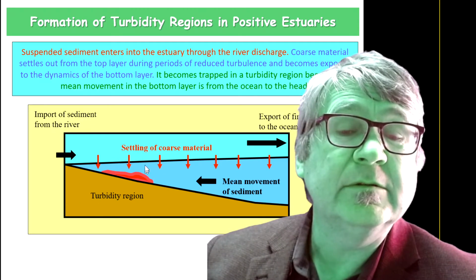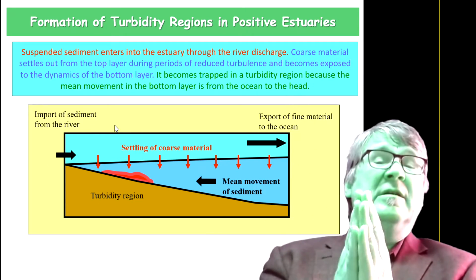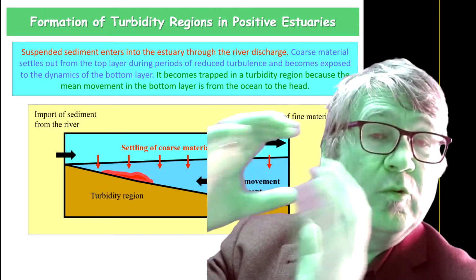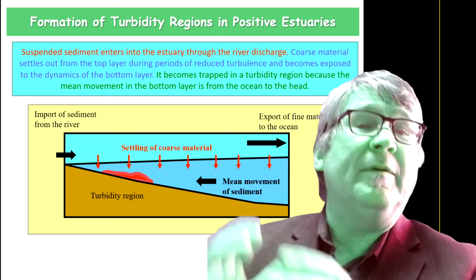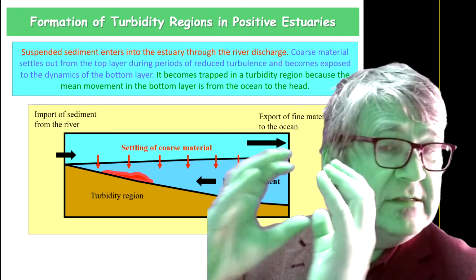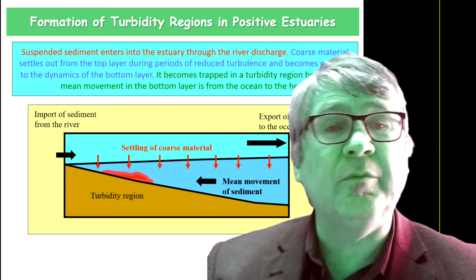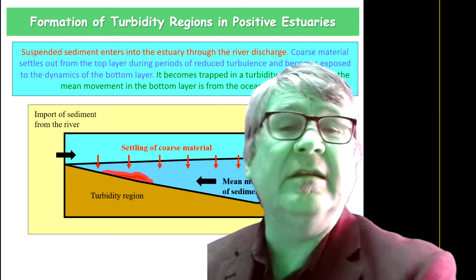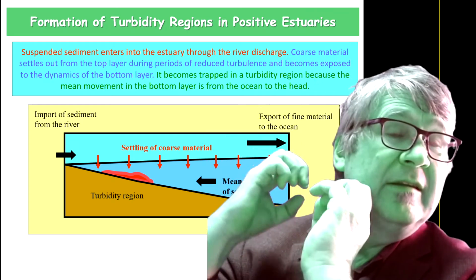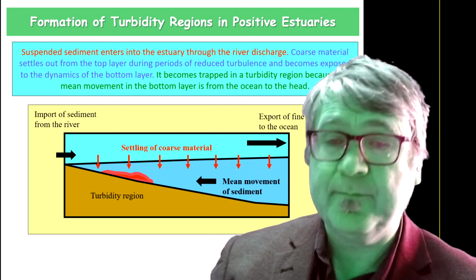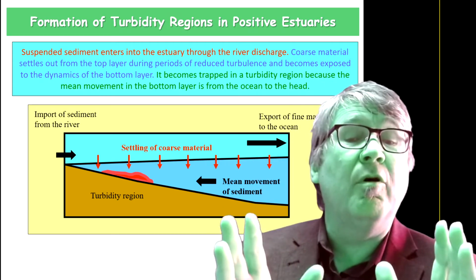And this turbidity region is located in a salinity range which is typically between 5 and 10 salinity units. If you know the salinity distribution, you can, from the salinity distribution alone, tell where this sediment is. Okay, it's very, very important.